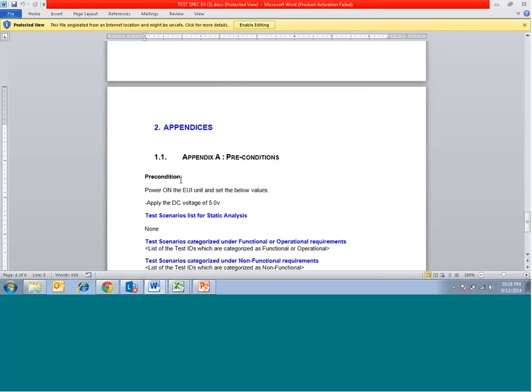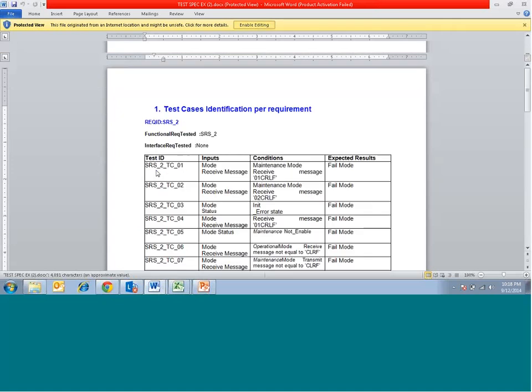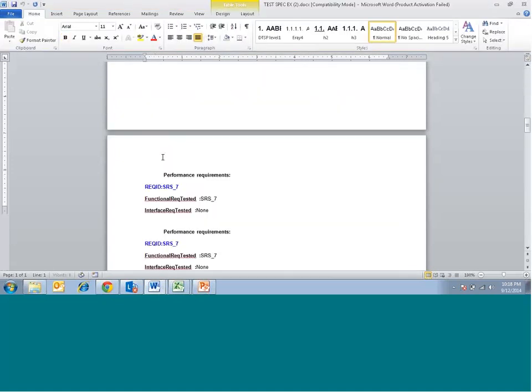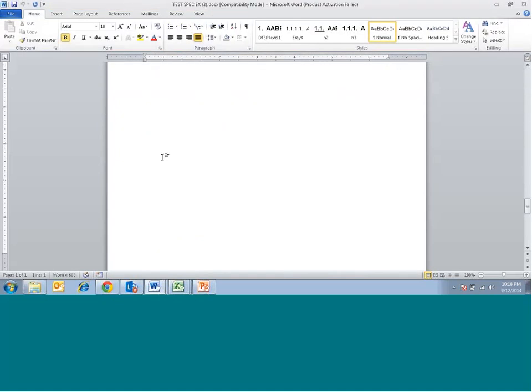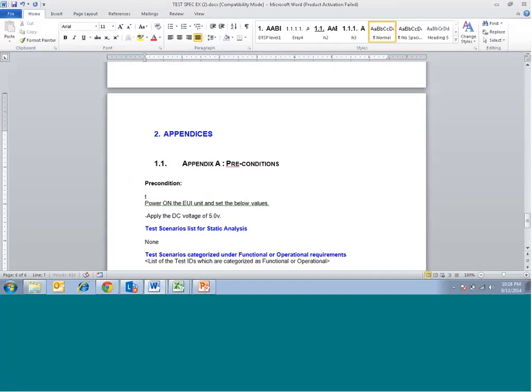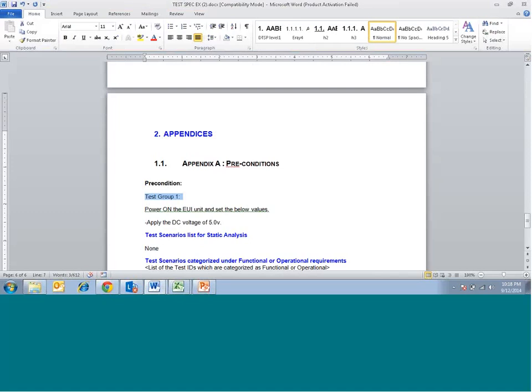For example, I have put for one of the test cases, test group 1, which is nothing but relating to modes of operation.